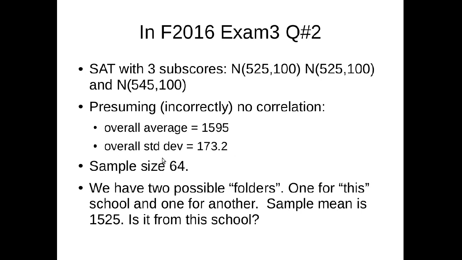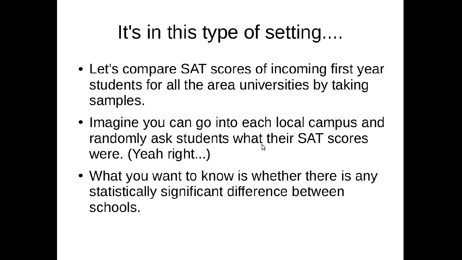How likely is it that it came from the first school? It's not remotely likely, because you have to take this standard deviation and divide by the square root of 64, which is 8, and then get the standard deviation for the sampling distribution. So anyway, this is really, really unlikely.